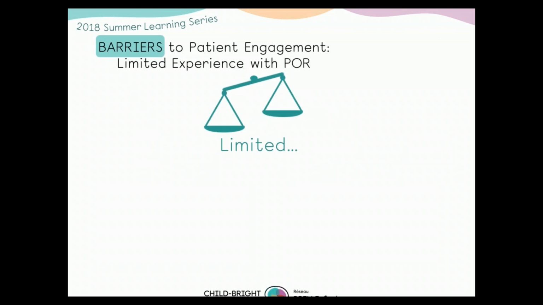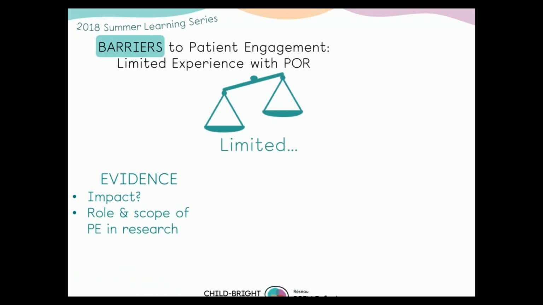And lastly, another major barrier to patient engagement in the research process is its sheer novelty, which is something that we had alluded to a few slides ago. So we really have a limited appreciation for the evidence that supports patient engagement processes.